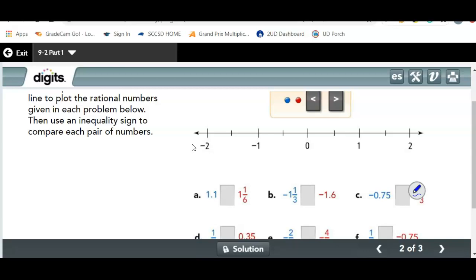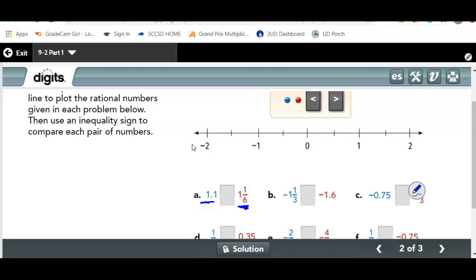So we have 1.1 and 1 1/6. Can we compare these numbers the way they are right now? Ian, what'd you say? No, exactly. We cannot compare them. We have a decimal form here, and we have a fraction form here. Anyone have any idea what we could do so that we could compare them?